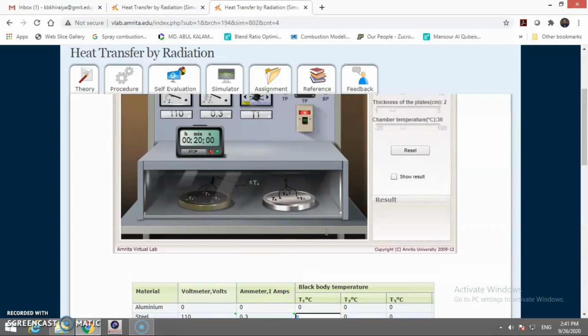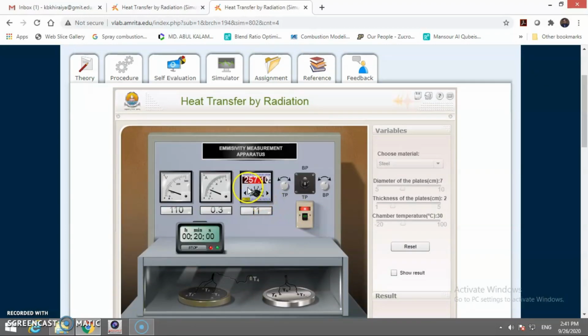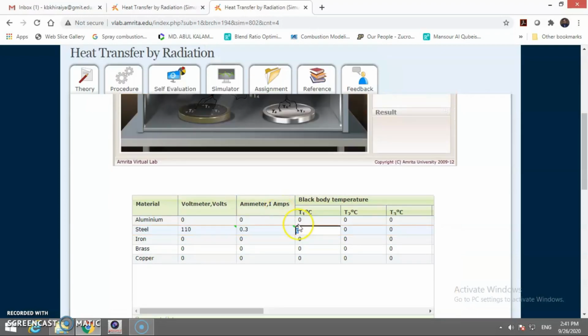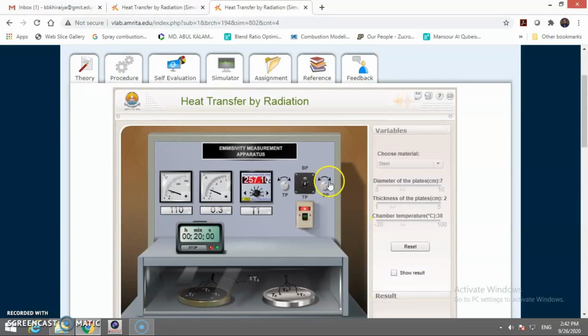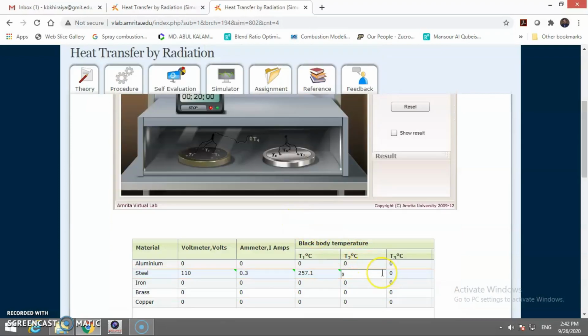Now the black body temperature T1 is 257.10, so I enter 257.10 here. You need to enter it in degrees centigrade; it is automatically calculated in Kelvin. Then T2: I change the knob, T2 is 257.10, so again I enter 257.10.